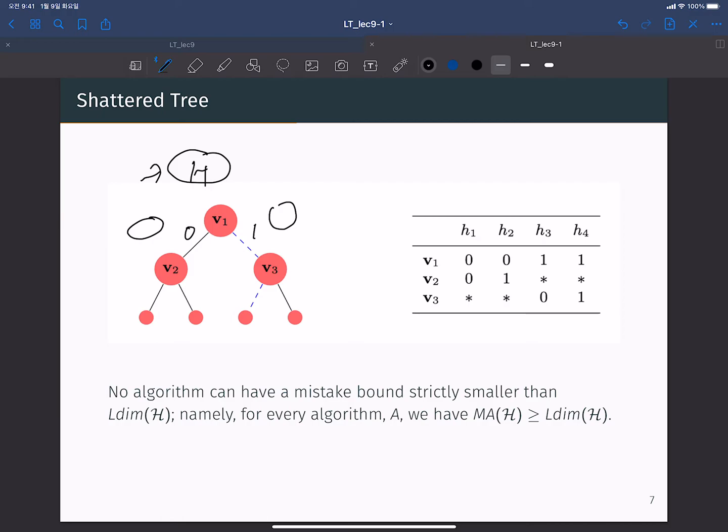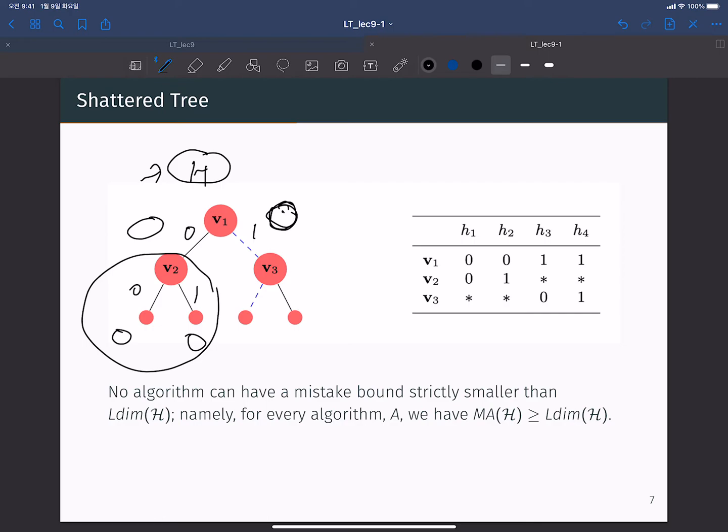with instance v2, we make two subsets of hypotheses, which make a zero output for the v2 instance and one output for the v2 instance. But here, we don't care whether this subset that has the output 1 for the first instance v1 has both response 0 and 1.